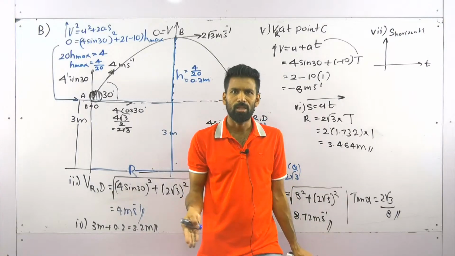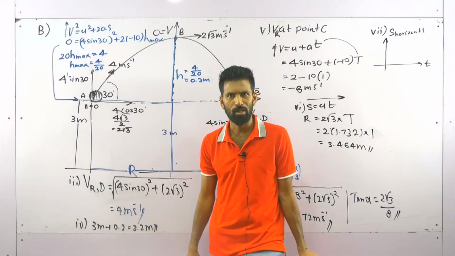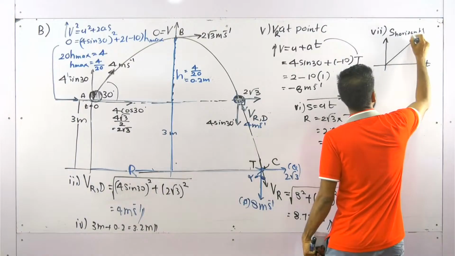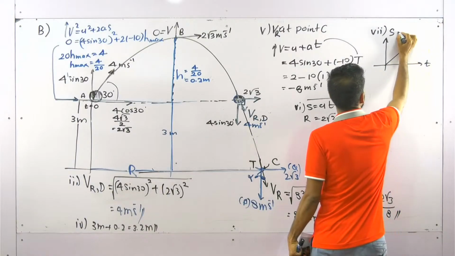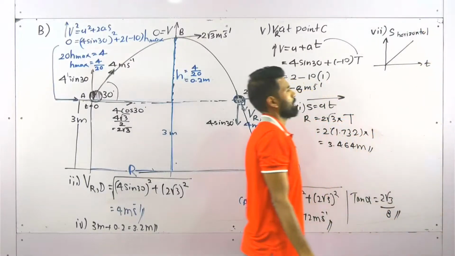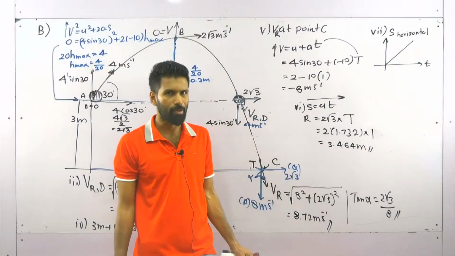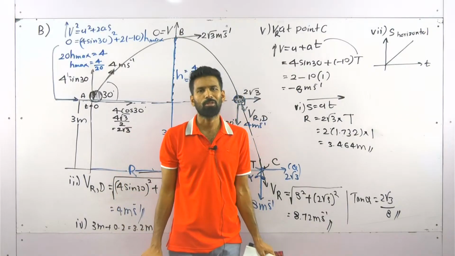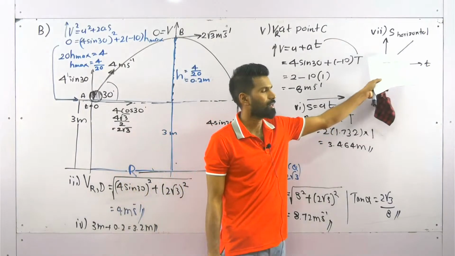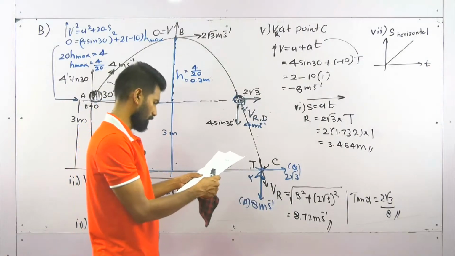In a displacement time curve, the velocity is given by the gradient, so the gradient should be a constant here. When you plot the horizontal displacement with time, it should be a graph with a constant gradient. So this is the horizontal displacement curve.